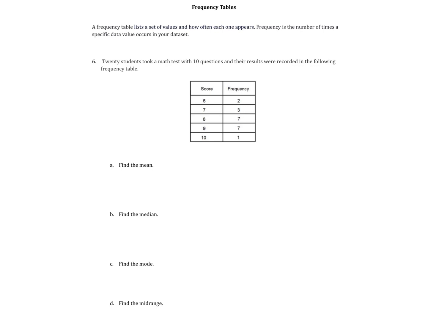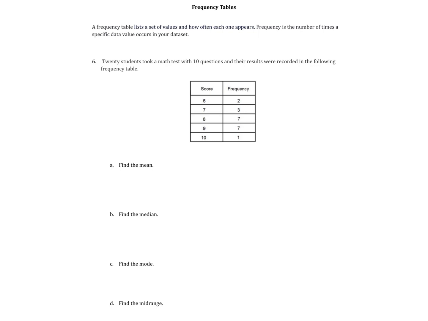So if the test had 10 questions, this means that 2 people got a score of 6, 3 people scored a 7, 7 people scored an 8, 7 people scored a 9, and 1 person scored a 10.